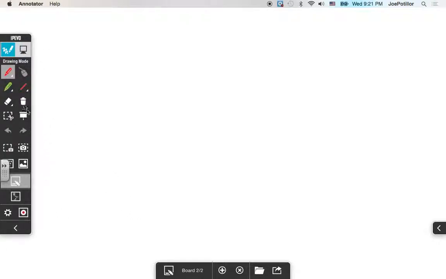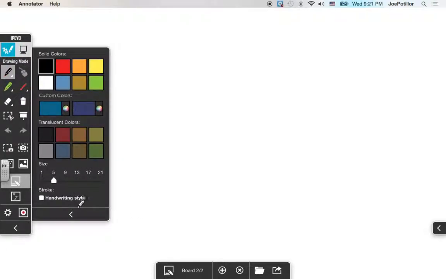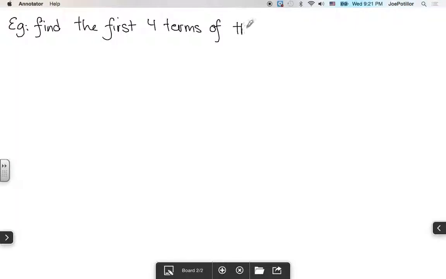So, for example, find the first 4 terms of the following sequence.